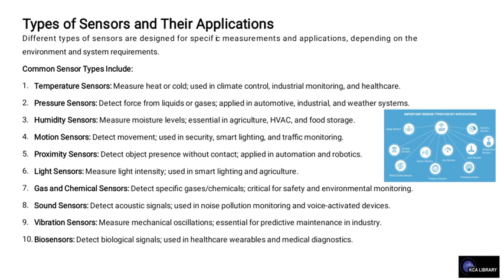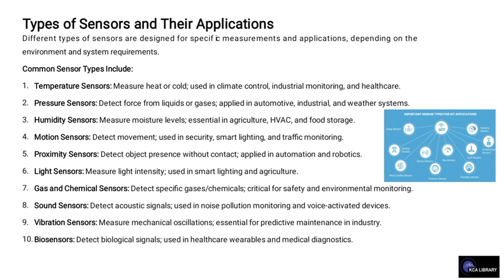We also have the humidity sensor, which measures moisture level, and it is essential in agriculture, HVAC, and food storage. There are also motion sensors, which detect movement, and are used in security, smart lighting, and traffic monitoring.